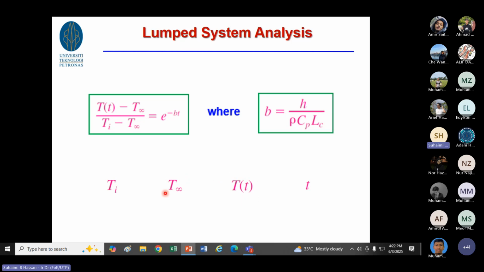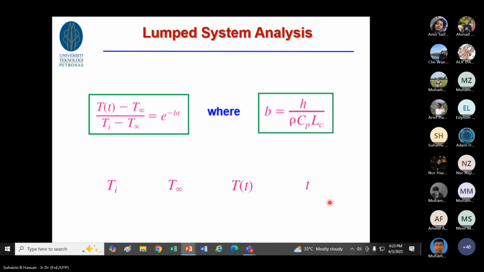The ambient temperature to raise the temperature from 30 to 60, say, is 200. So you have initial 30, the surrounding is 200. Because the time taken is 10 minutes, your temperature will increase from 30 to 60. So now you understand what is Ti, T ambient, T(t), and t.